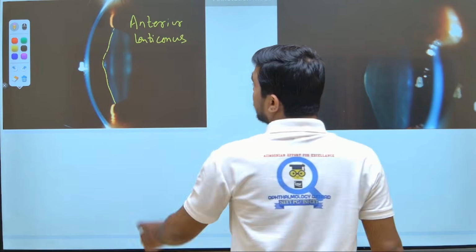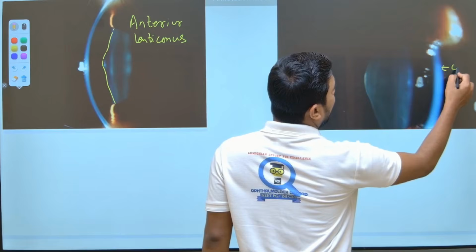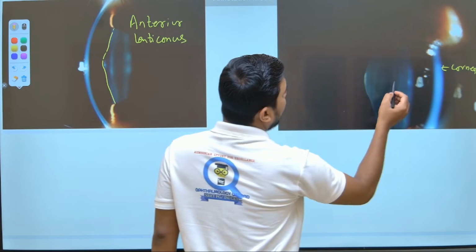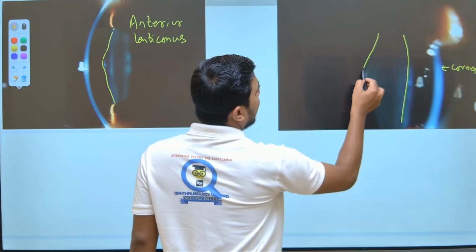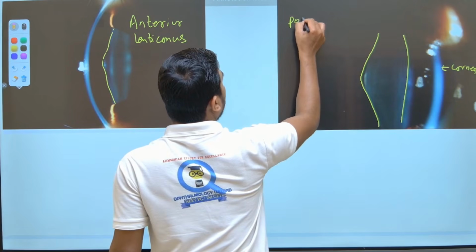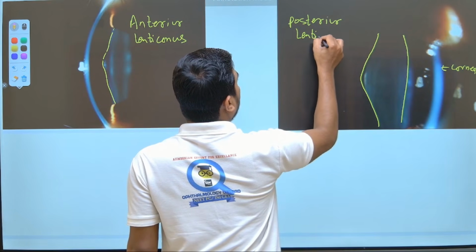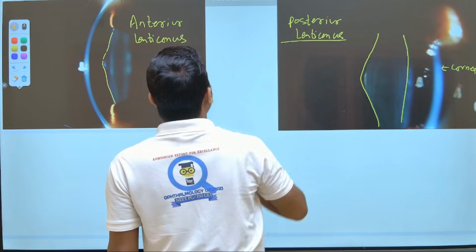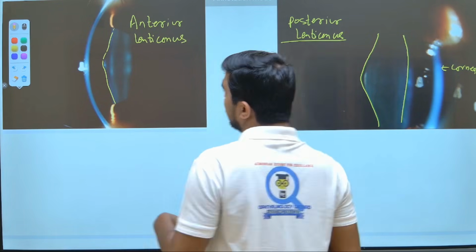Similarly, in this condition, this is the cornea, and anteriorly this is very flat, but the posterior lens is like this. So this is the posterior surface. So this is posterior lenticonus. Okay, so what are the causes of this?